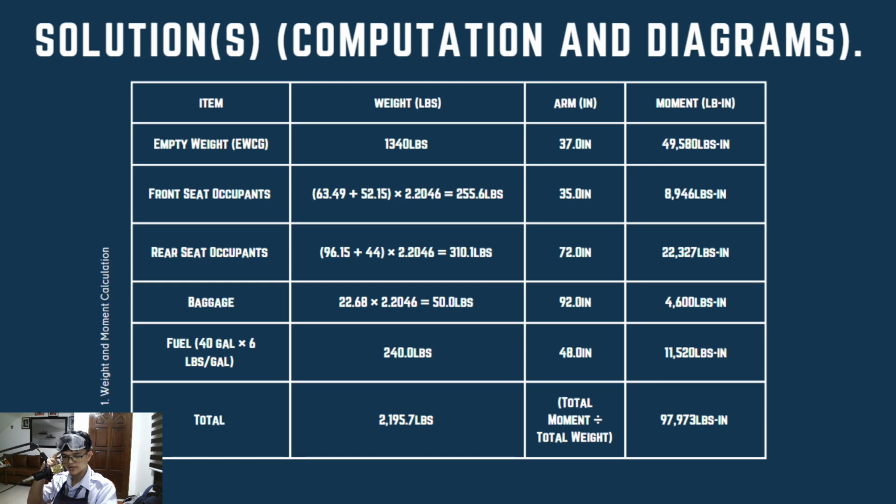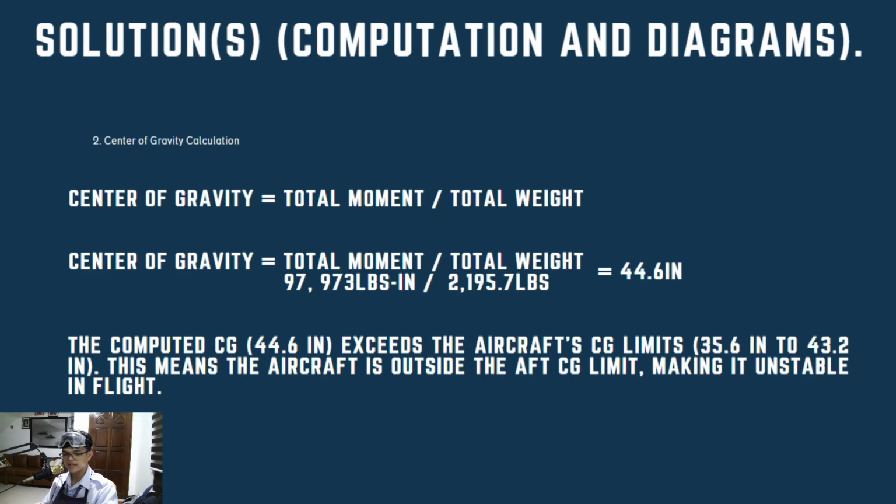So, after that, ito-total natin yung weight para makuha yung total weight and the total moment. Since para makuha natin yung center of gravity, kailangan natin kunin yung total moment as well as the total weight.